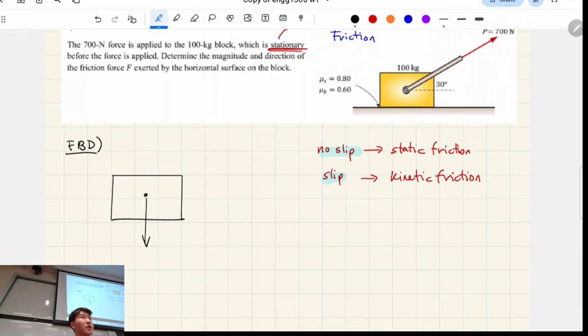Okay, so we have this block, and this should be familiar to you from high school physics. It's got some weight, and the formula for weight is mg, right? And then there's a normal force. The weight force acts from the middle of the block, if we want to draw it perfectly, but the normal force actually acts from the surface. It comes off like this.